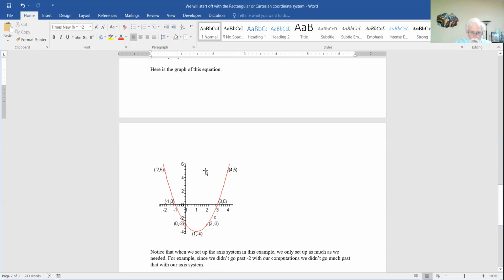And 2 more. This shape is typical of a quadratic equation. And it can be either with the nose down or it can be the nose up. This is called a parabola, and it has a very specific shape.